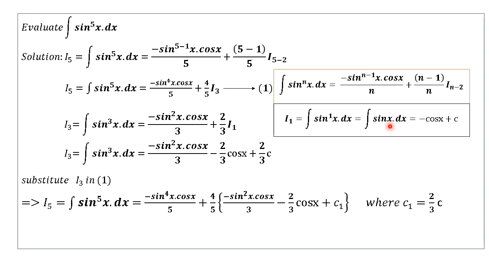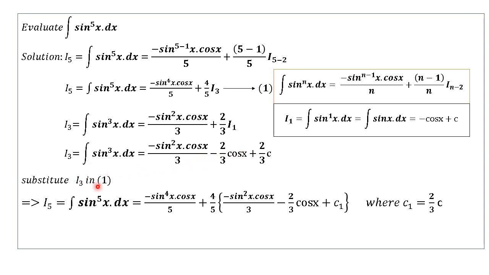As you all know, integration of sin is minus cos x. After integrating, you will get the integrating constant, that is plus c. Now therefore I1 is equal to minus cos x plus integrating constant c. Substitute this value here. Therefore I3 is equal to, we get this result.